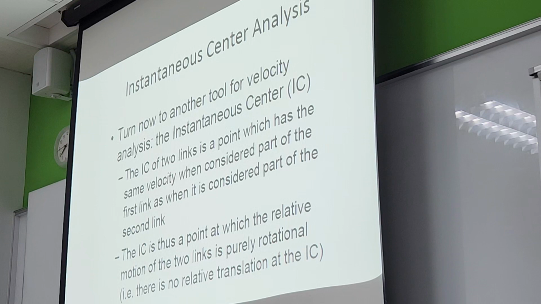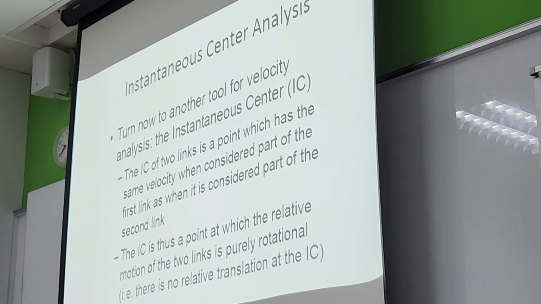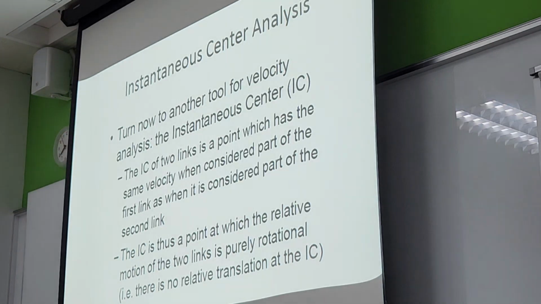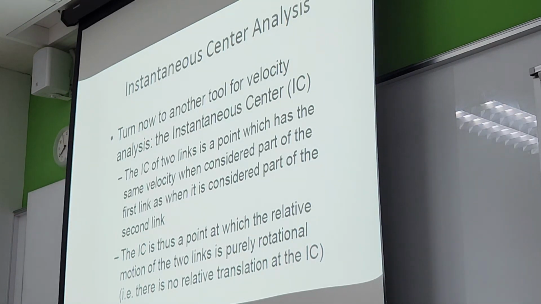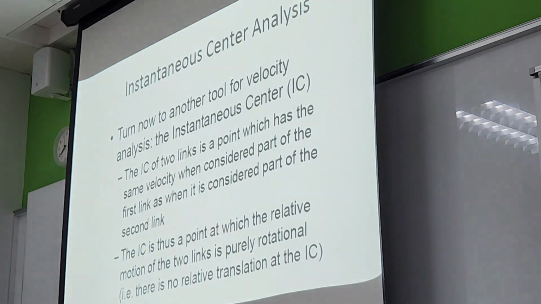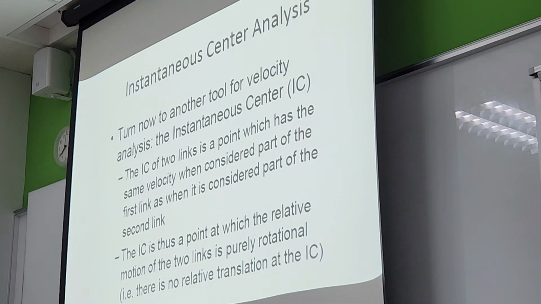Because everything centers around that equation which we write: velocity B is velocity A plus velocity B relative to A. So that is the relative velocity. We can't use analytical calculations because these are vectors.